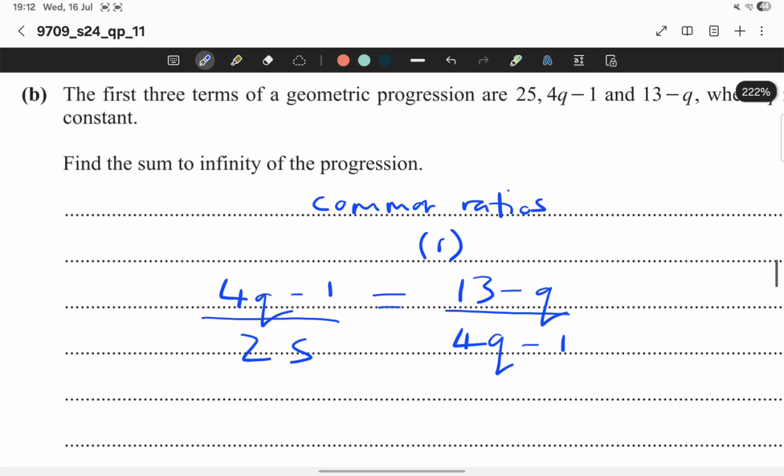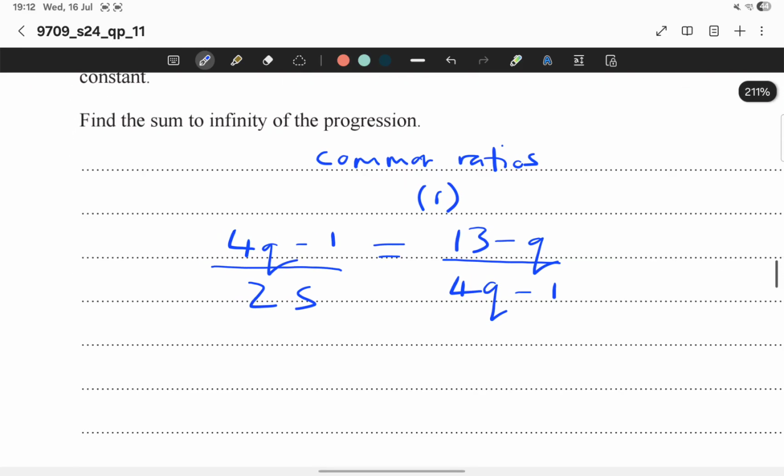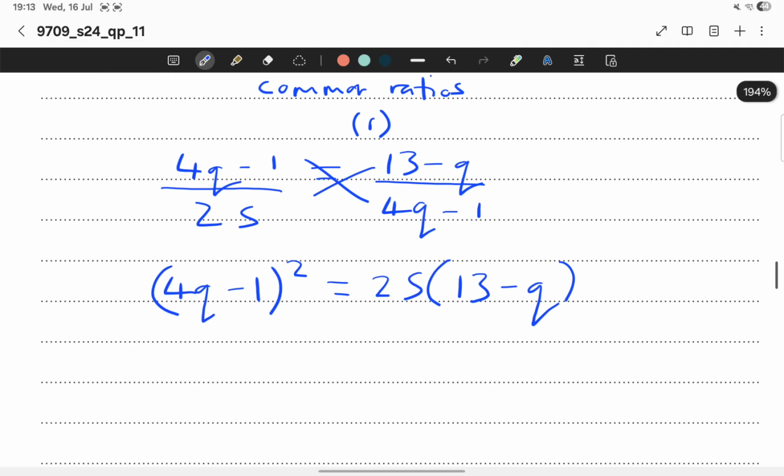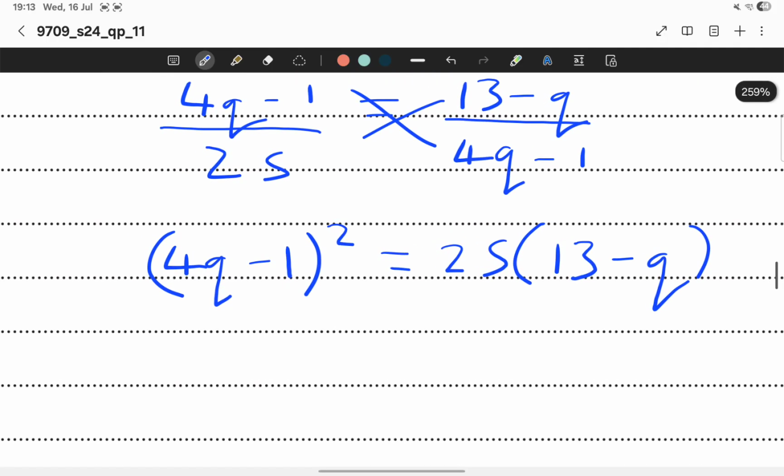So simplifying this, we are going to cross multiply, right? So that will be 4q minus 1 squared equals 25 times 13 minus q, right? And expanding this will be 16q squared minus 8q plus 1 equals 25 times 13.